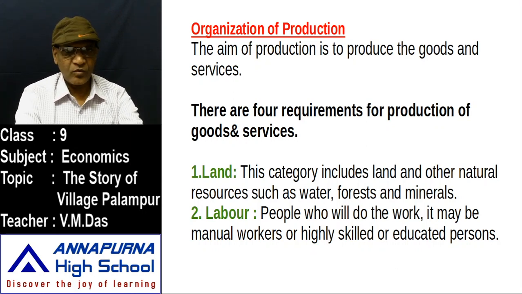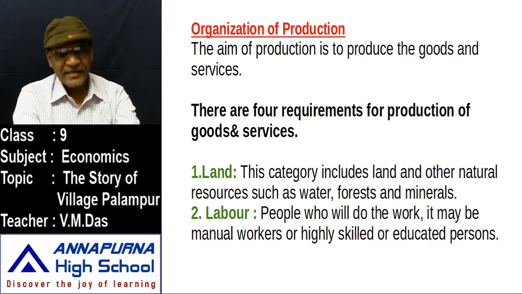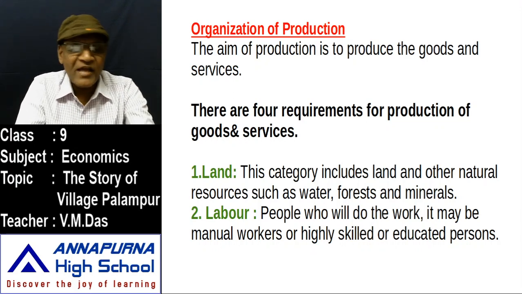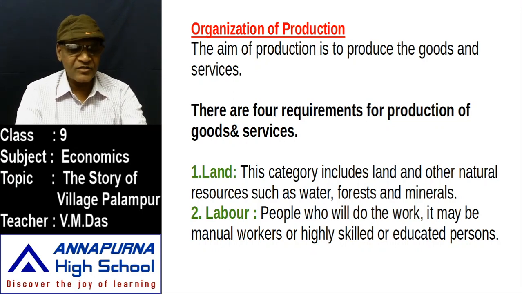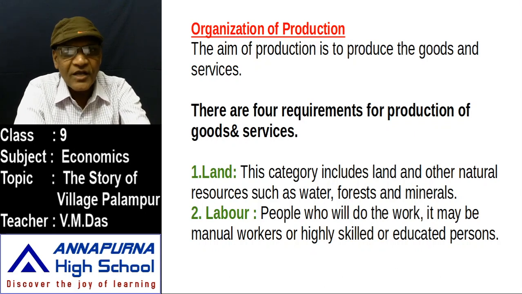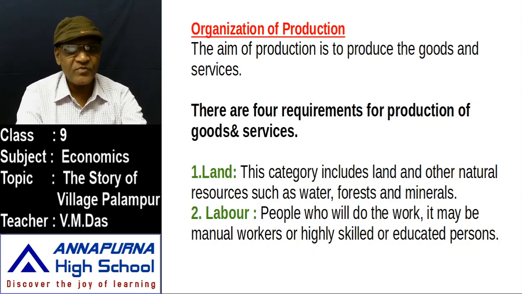This work can be termed as labor, especially when the workers work in the production units and contribute something. They give their manual work, and they are called manual workers. So in the production of goods, manual workers play a very important role.